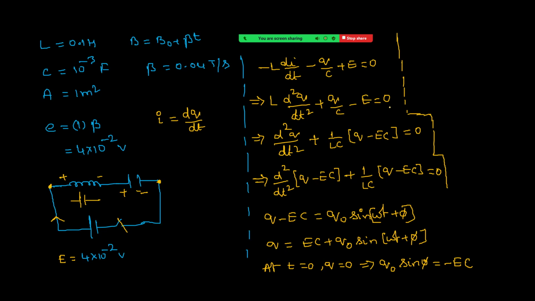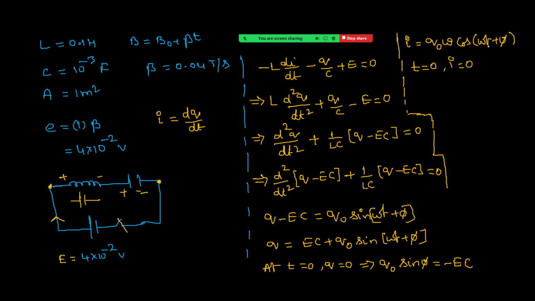Now differentiate this. If we differentiate this, what do we get? Current equal to Q naught omega cos of omega t plus phi. Now in this, t equal to 0, I equal to 0.